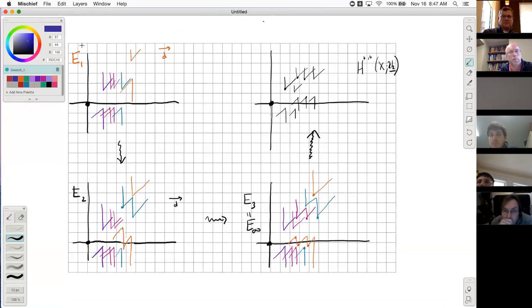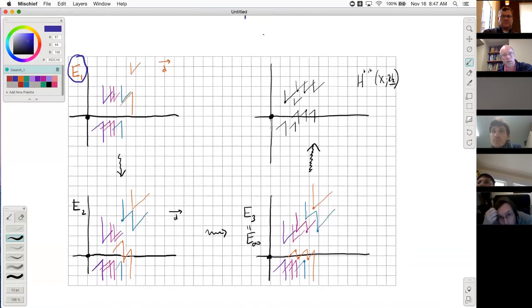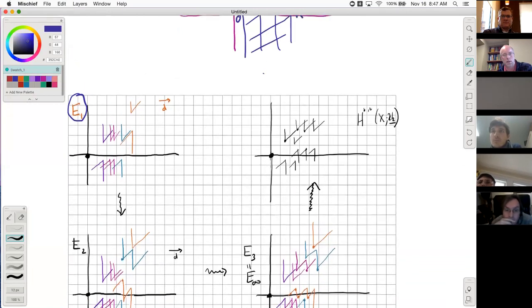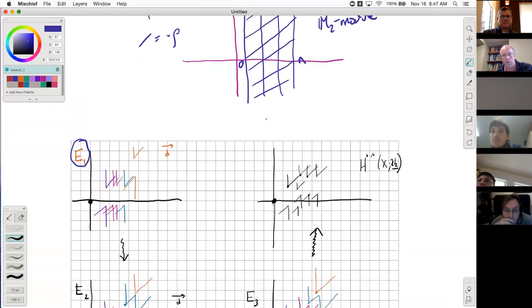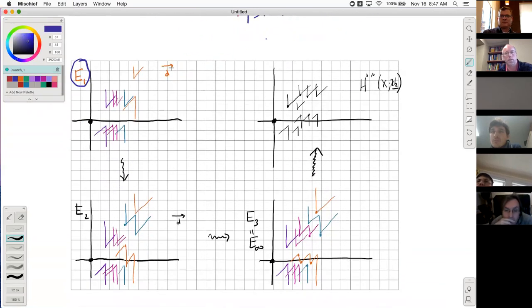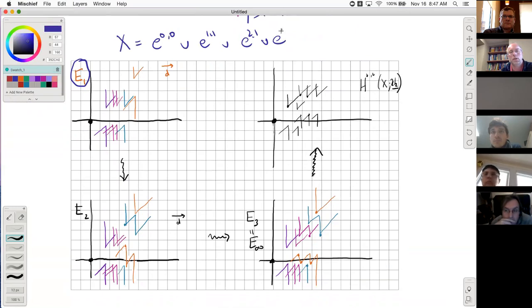So here's the E1 page of our spectral sequence. I think I covered up my cell diagram, so let me write it up one more time. There was a 0,0 cell, a 1,1 cell, a 2,1, a 2,1, a 3,1, and a 4,4.